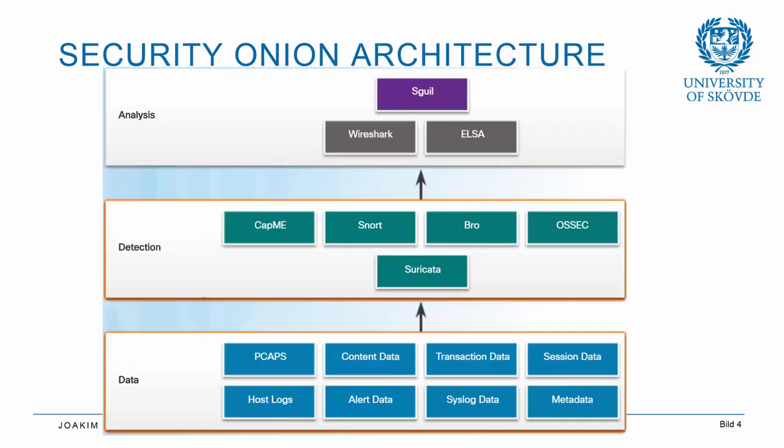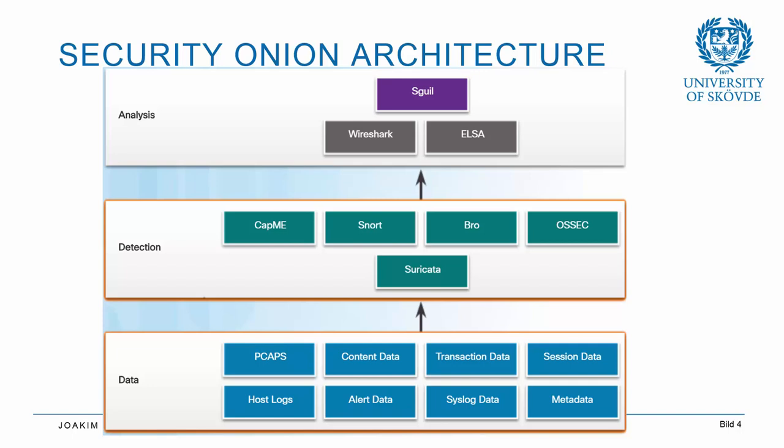So let's look real briefly at the Security Onion architecture. The Security Onion contains many different components, and the idea is that it should be an integrated environment which is designed to simplify the development of a comprehensive NSM solution. So as you can see in the figure, it has different types of tools for analysis, detection, and different types of data.